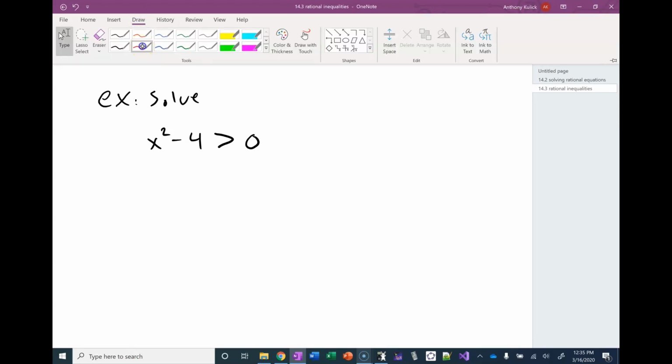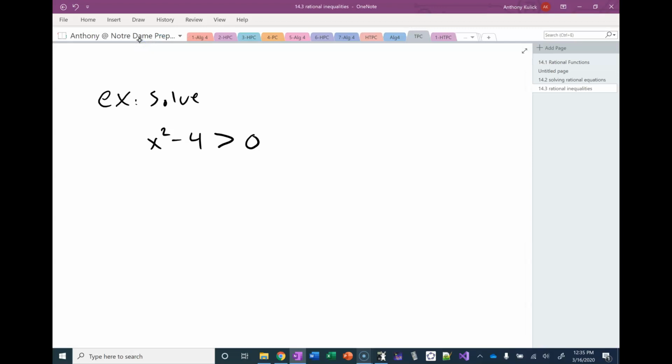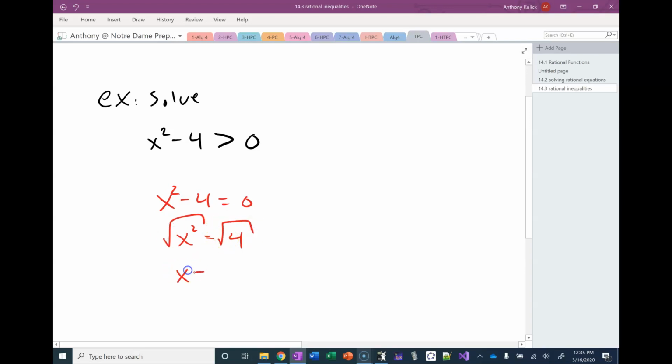We learned how to solve for the zeros, or the x-intercepts, in the previous chapter. So all I need to do is take my polynomial, set it equal to 0 and solve. One way to do this is to add 4 to both sides and square root both sides to get plus or minus 2.